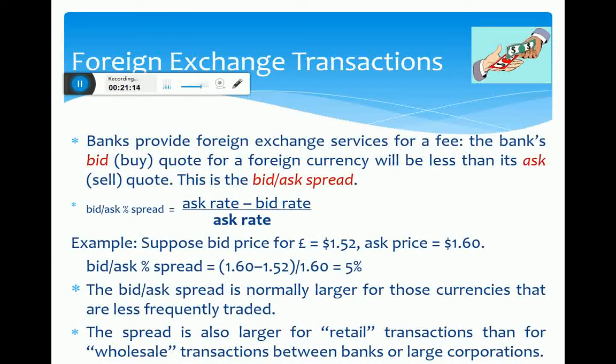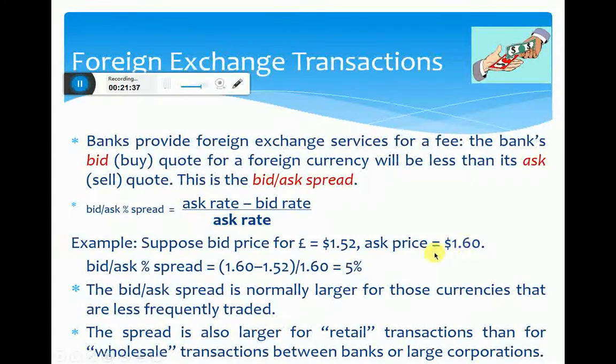So for example, if we want to purchase pounds, and the bid rate, meaning the buy rate, is 1.52 against the dollar, and the ask rate is 1.6.